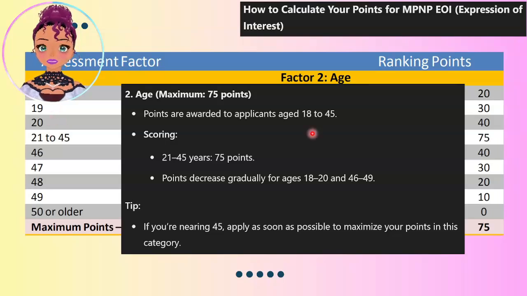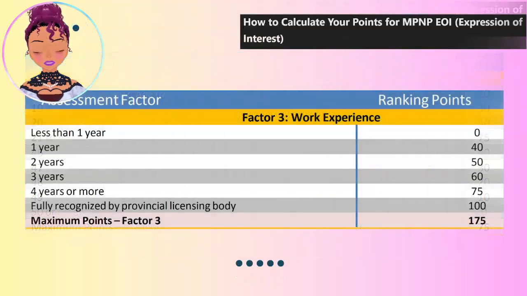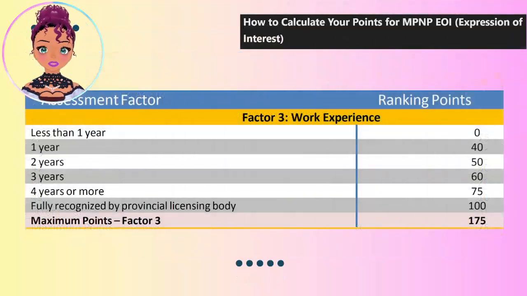If you're 18 up to 20, you will see different points. If you're 46 to 49, you will see different points. If you're 50 or older, then no points. If you're nearing 45, of course, you need to apply as soon as possible so that you can maximize your points in this category. So that's the second factor, and that has to do with your age.